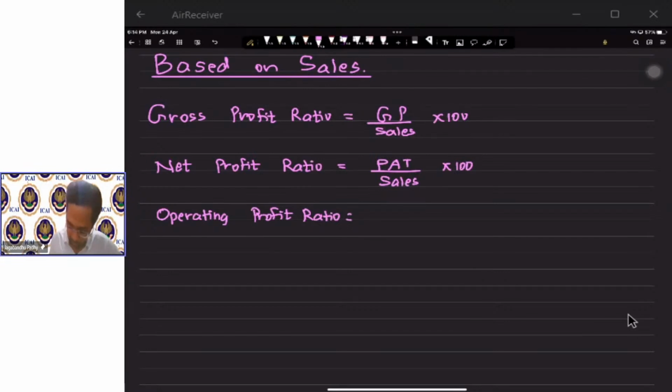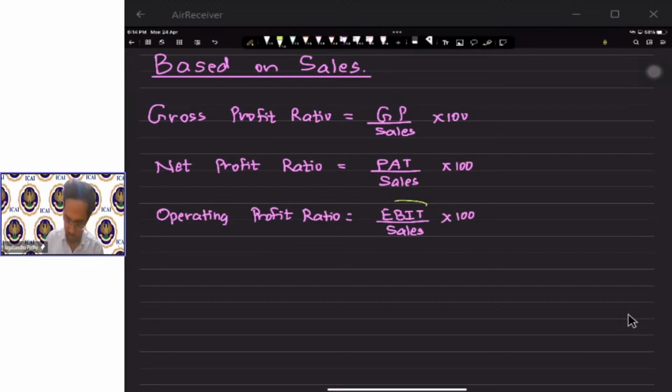Operating profit ratio is EBIT upon sales into 100. Right. So remember, we're talking of EBIT, which is whenever you say the term operating profit, that's going to be your EBIT. Right. So now, how do you compute this EBIT, by the way?